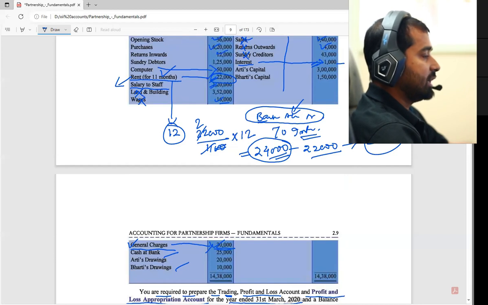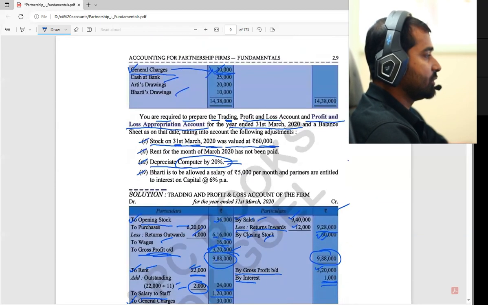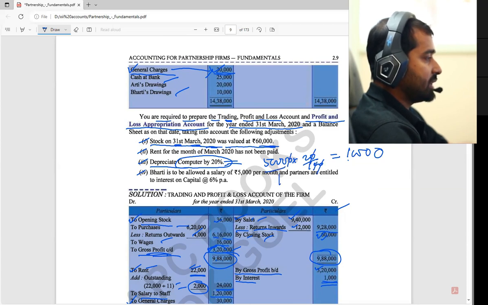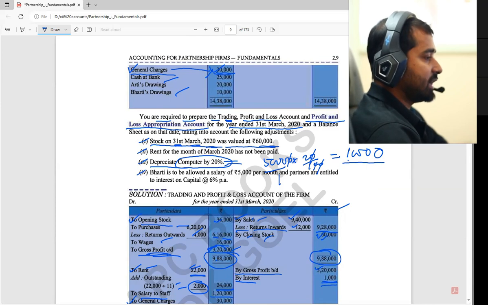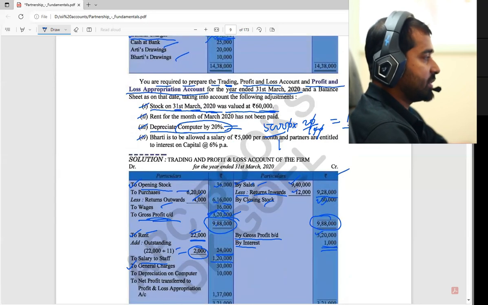If the computer value was 50,000, 20% is reduced as depreciation. So 50,000 into 20%, indirectly what? 10,000. Let's see how. 10, 10, 10, 10, 5,000 into 2, 10,000 rupees. So now 10,000 rupees is my expense, expense in the form of depreciation.